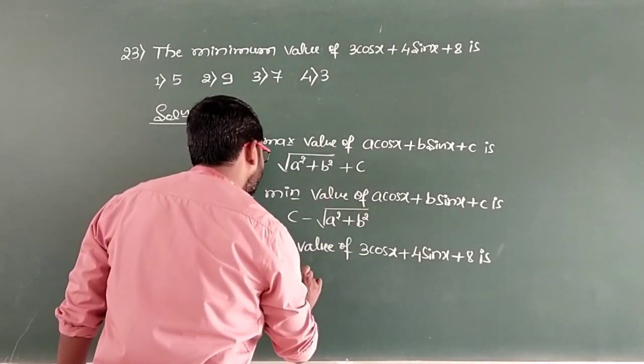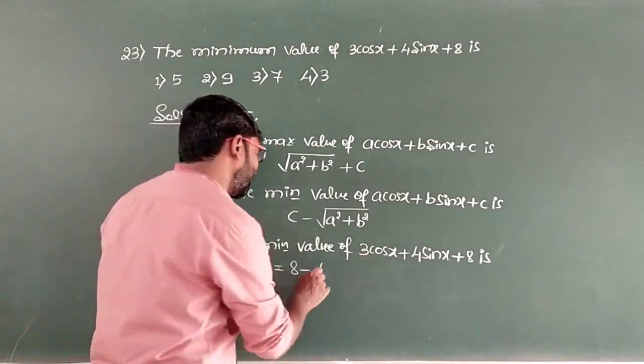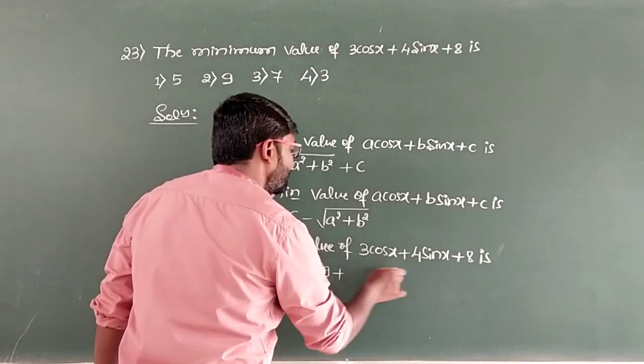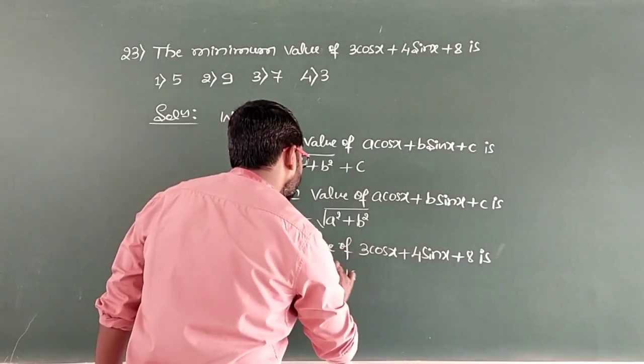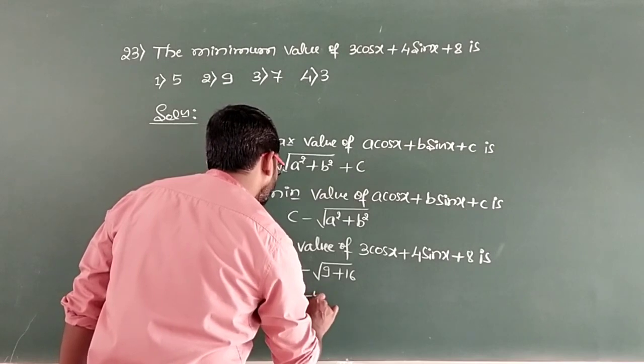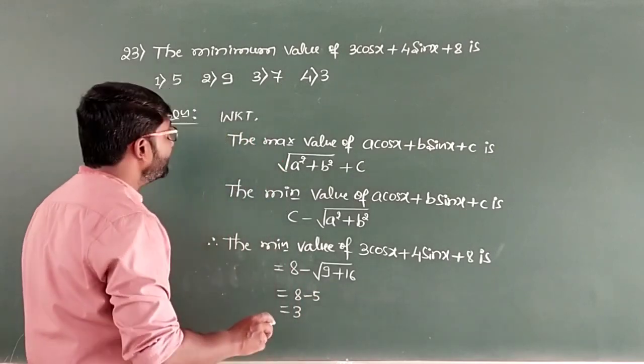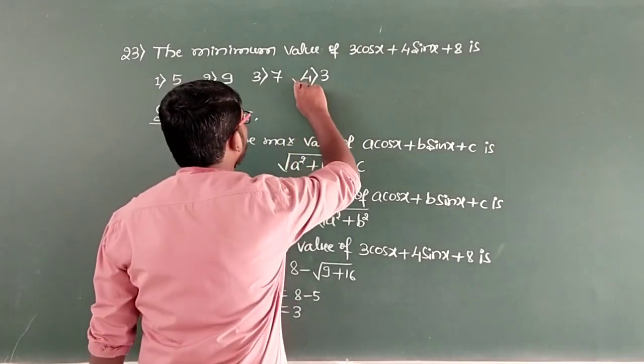This is equals to 8 minus square root of a square, 3 square, it will be 9, plus 4 square, it will be 16. So we get overall 8 minus 5, it will be 3. Option 4 is the correct answer.